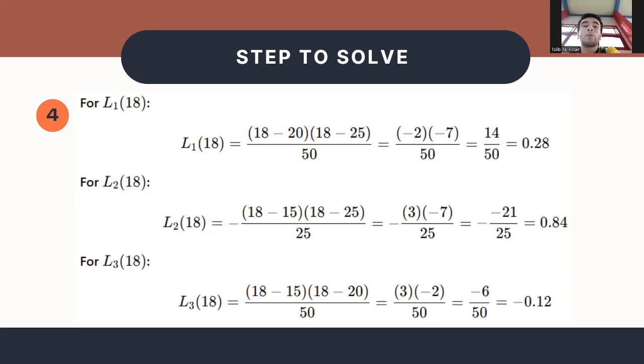The next one is L2. L2 of 18 is equal to 18 minus 15 times 18 minus 25 over 25, and is equal to minus 3 times minus 7 over 25, so it will be minus 21 over 25.